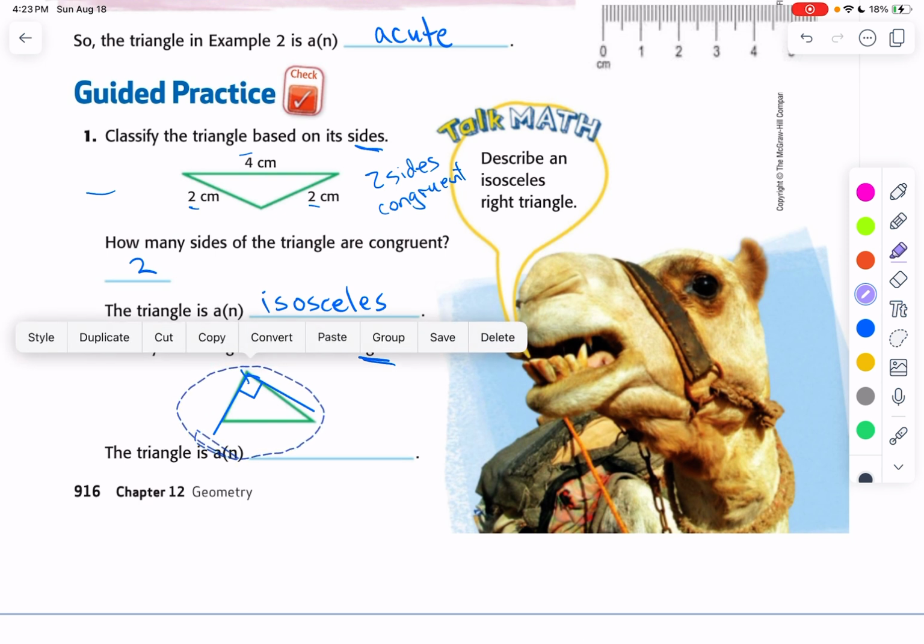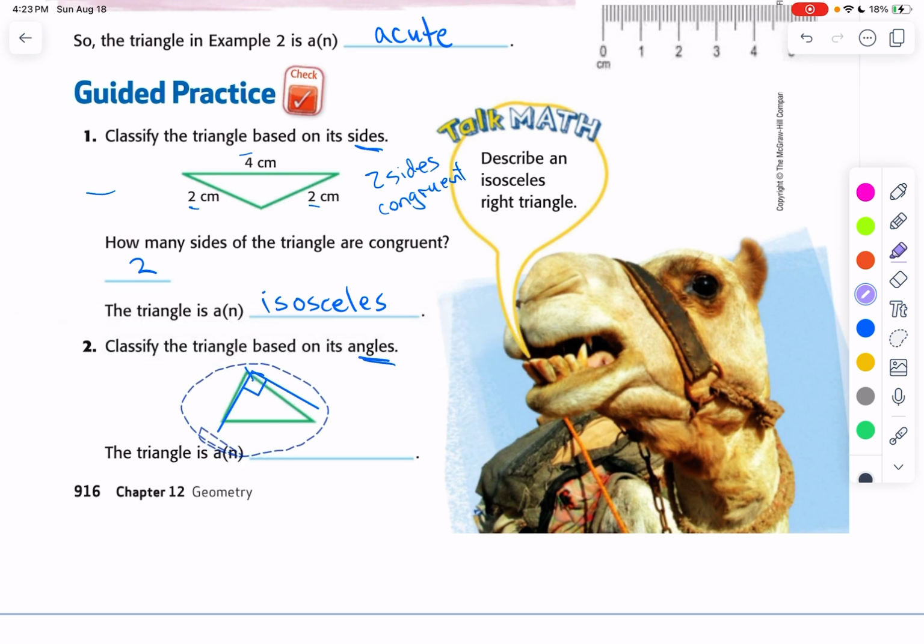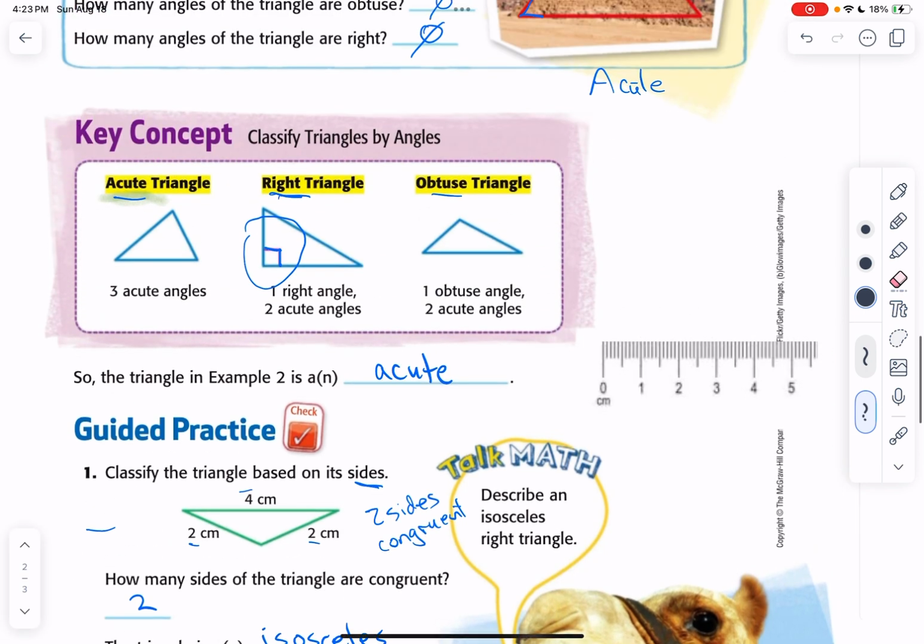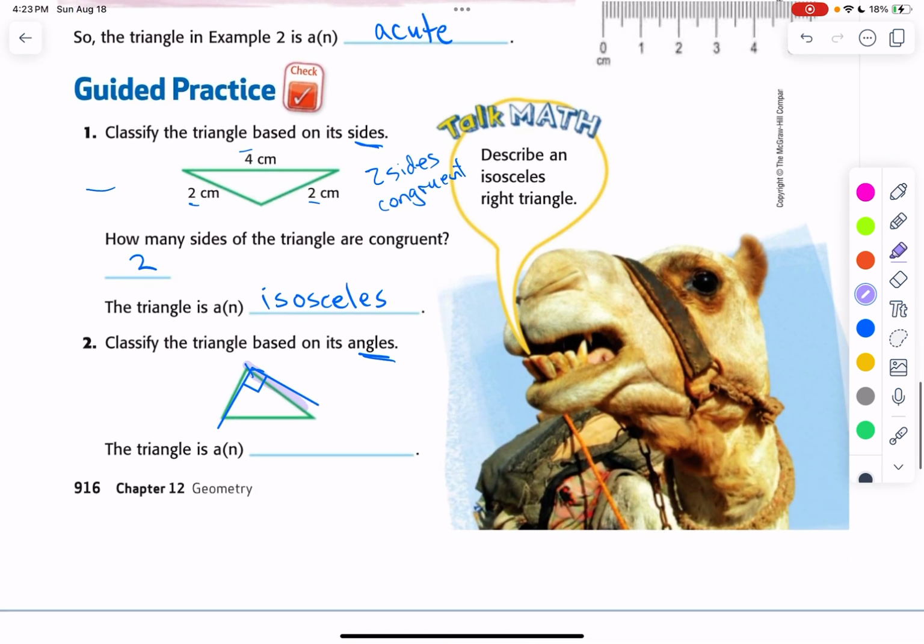Oh, look, that one I thought was going to be a 90 degree, but look, it's so close to 90 degrees. Right here, so close, but not quite, huh? You should almost always, not always, see that box indicating it is a right angle. But that's not a right angle, it's also acute. So we can determine that this triangle is acute based on its angles.